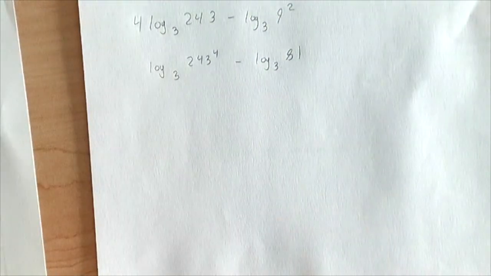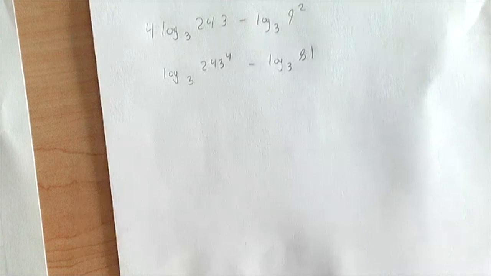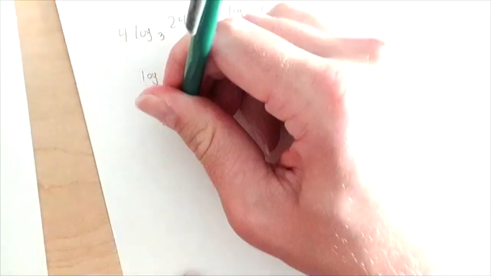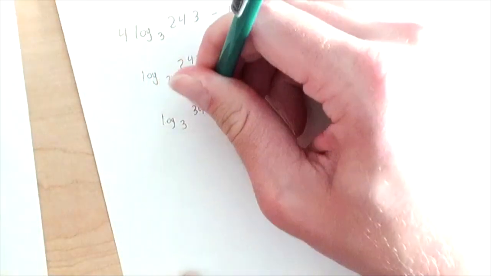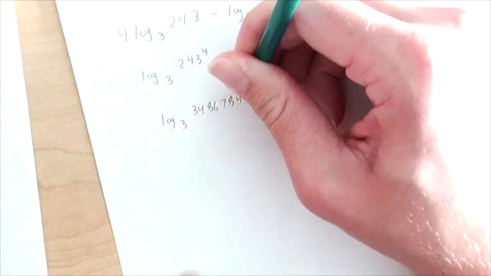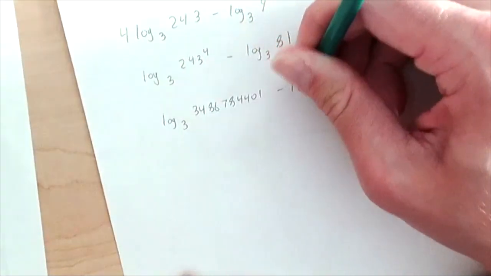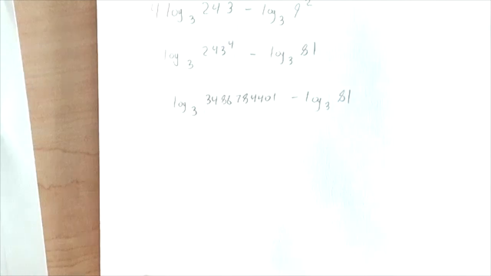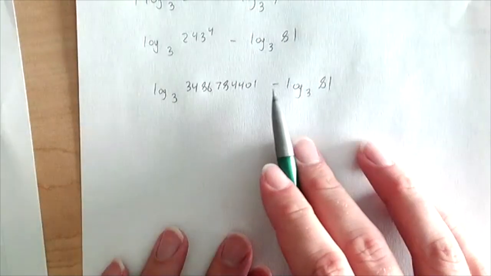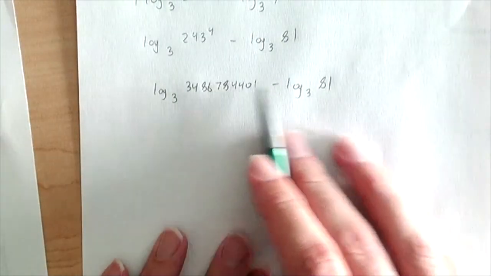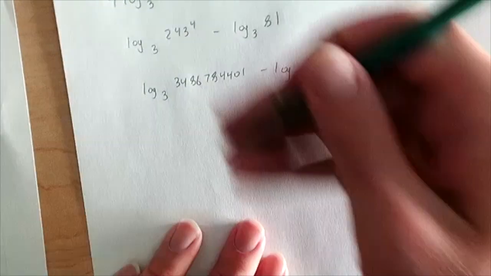So we have 243 to the 4th, an insanely big number, but it's going to get slightly smaller now, because the rule we can't forget is if we see subtraction, we take the first one dividing by the second one, and that becomes the top number.